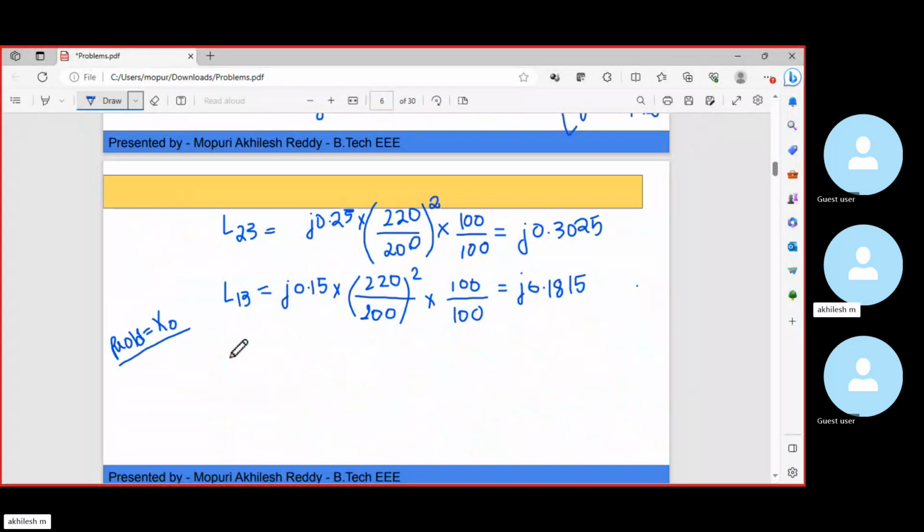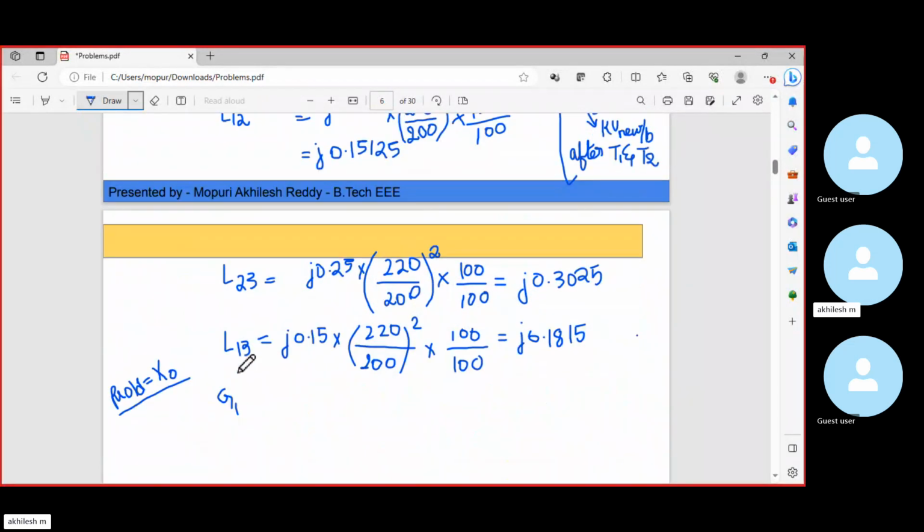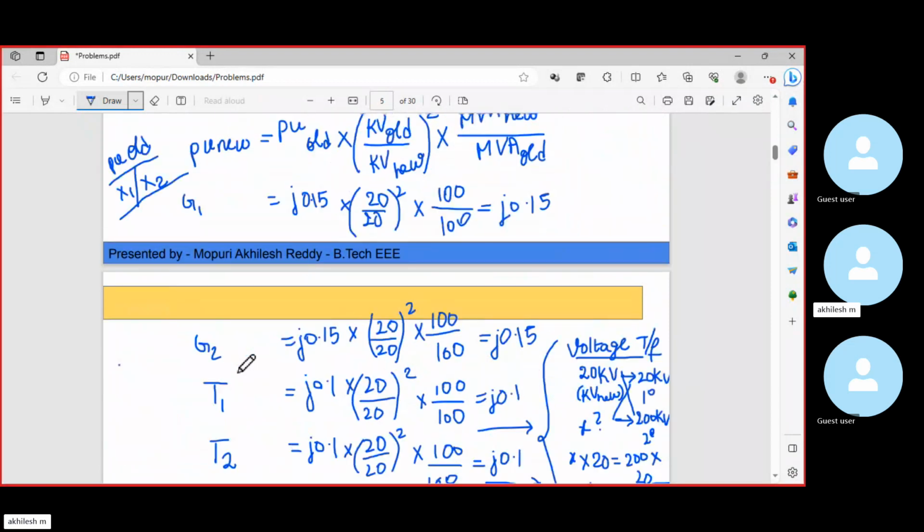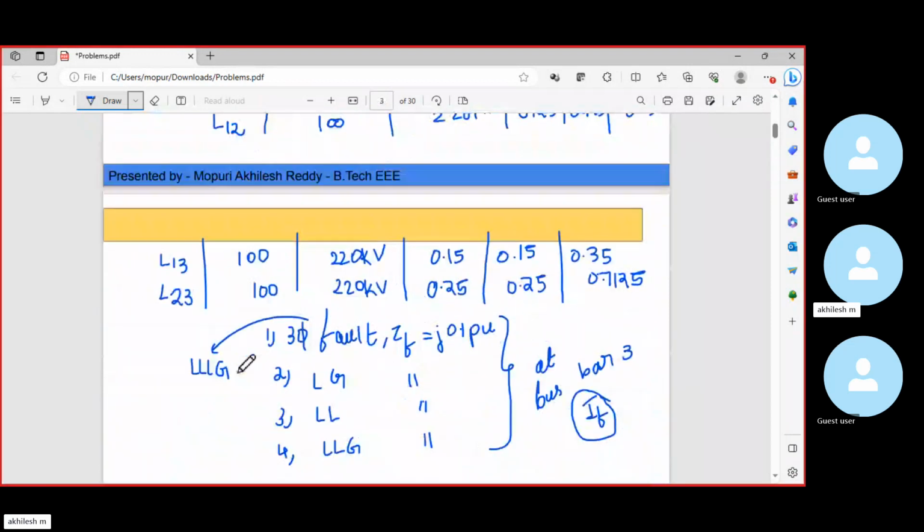So what is my generator 1 per unit? Generator 1 per unit is the per unit of generator 1 X naught value, which is 0.05.